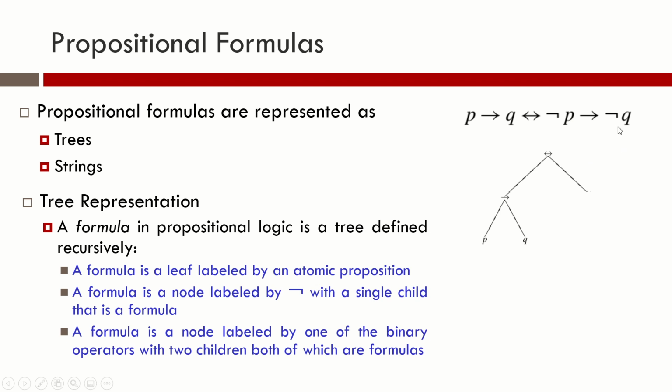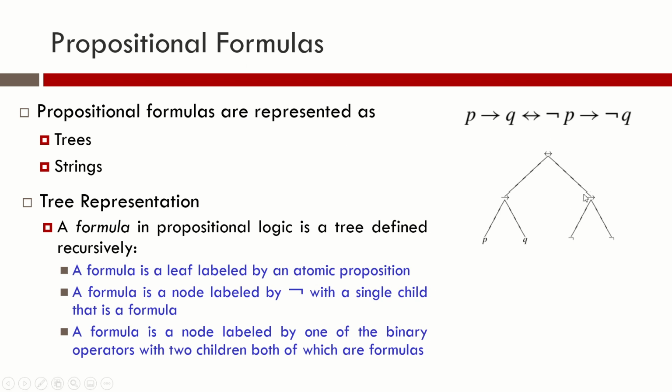So it will have two children: one child will be the formula negation P and the other child will be the formula negation Q. When we consider the formula negation P, we label the root with the operator negation, and since negation is a unary operator, it will have only one child, which is labeled with the atom P.